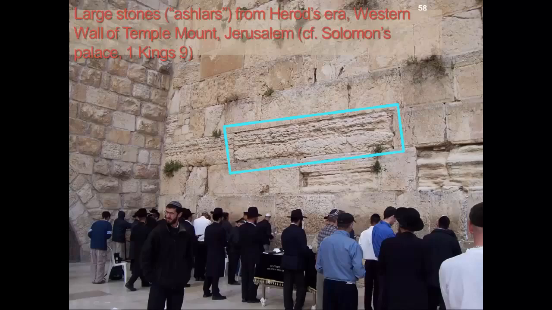This is the retaining wall that holds in the soil that Herod had brought in order to fill in and level out the Temple Mount Plaza. The temple itself would have been far up at the top of where this wall is holding in the soil.